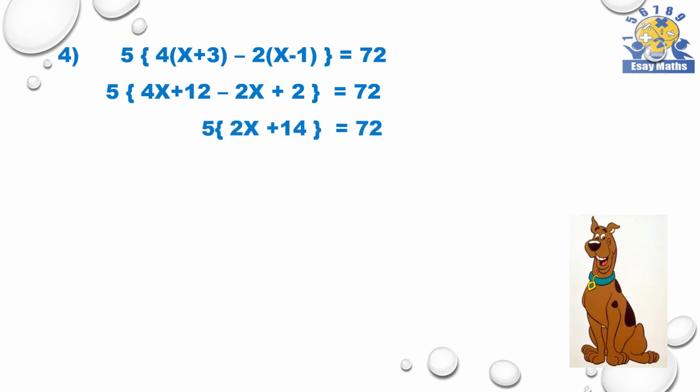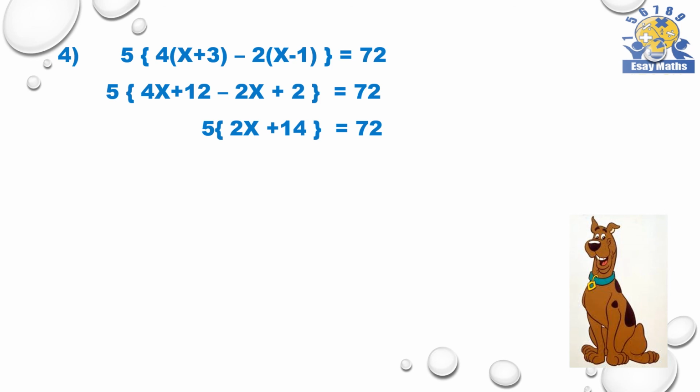Now there are like terms within the curly bracket, so at first we should simplify the like terms. 4x minus 2x, so the remainder is 2x. Plus 2 and plus 12, it means plus 14. 5 times of 2x plus 14 is equals to 72.